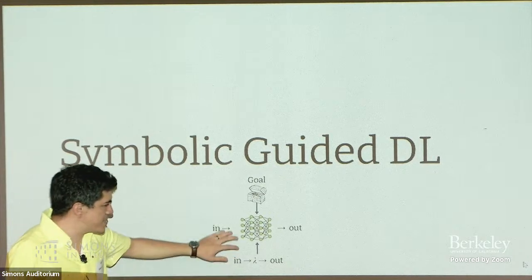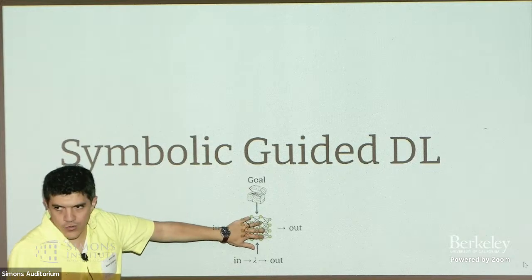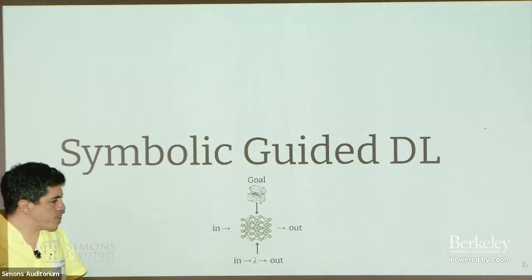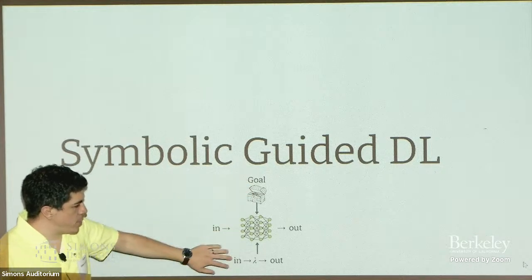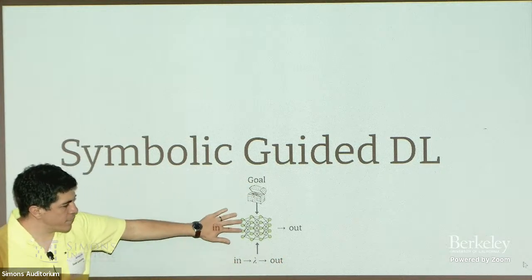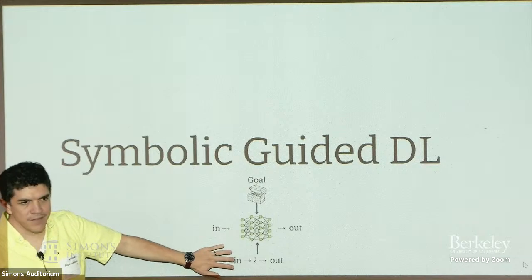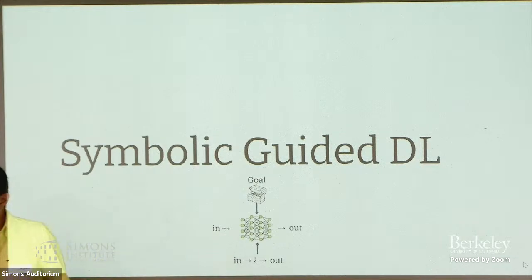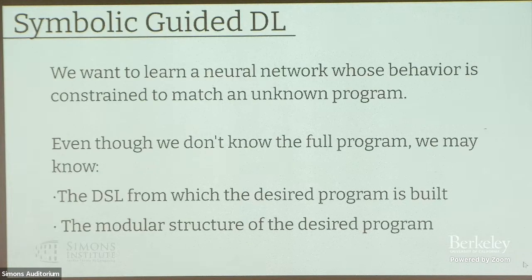The idea is that you want to train a neural network, but in addition to the goal, you want to provide additional information that you're looking for something that has some structure, captured as a partial program or by this domain-specific language. So we want to learn a neural network whose behavior is constrained to match some unknown program.